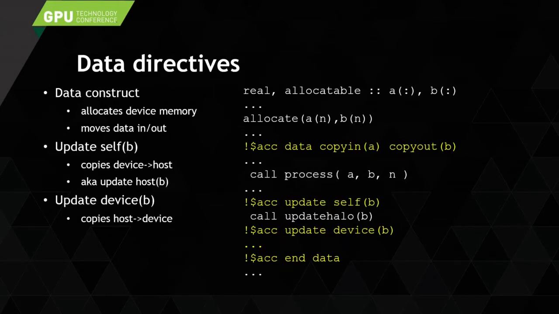Okay, so the data directives. Let's just talk about data management. This is the fun part that's not fun. The fun part is getting things to run fast, but this is the part that's slow. It's particularly slow today because that link between, if you remember the architecture, the CPU and the accelerator on your right is a PCI Express bus, which is a very good I/O bus and a really, really bad memory bus.